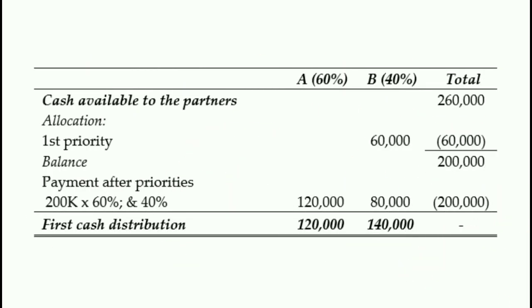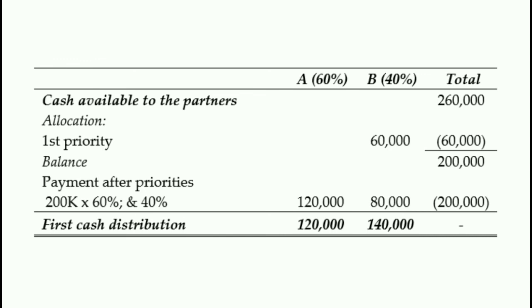At this point, we can now compute for the cash distributions to the partners. The cash available to the partners is 260,000 pesos. Partner B is paid 60,000 pesos first. After paying 60,000 pesos to partner B, the remaining cash is 200,000 pesos. These 200,000 pesos will be allocated to both partners based on their profit or loss ratio.